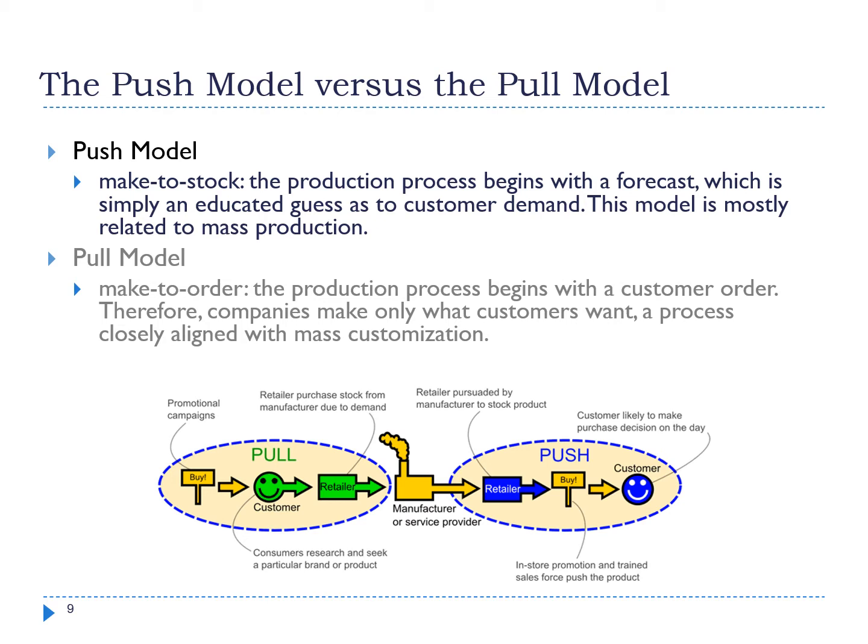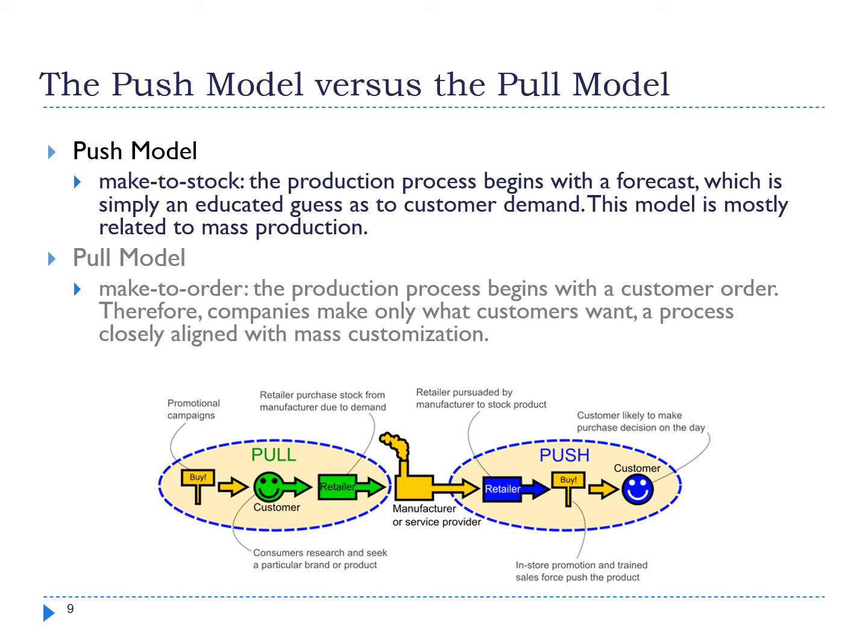It is very important to understand the push model versus the pull model in supply chain management. The push model is make to stock. That means the production process begins with the forecast, which is simply an educated guess as to customer demand. Then the company produces the amount of products in the forecast and sells or pushes these products to customers.